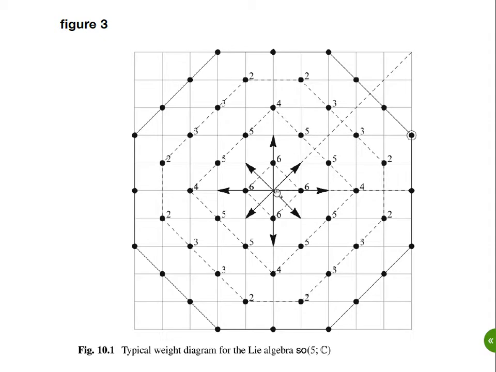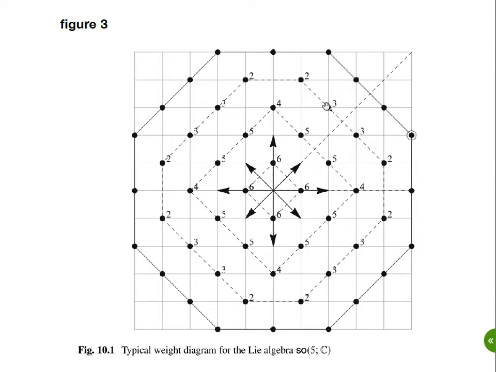Here we have 1, 2, 3, 4, 5, 6, 7, 8 roots, and this is the highest weight. If we act with the Weyl group on this, we get these 8 points. If you take the convex hull, we have this octagon.